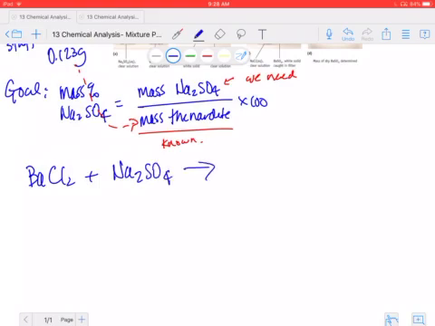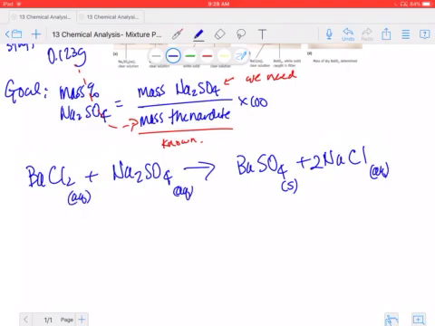This is an exchange reaction, so I know I'm going to produce barium sulfate and sodium chloride. If I balance that, I'll have two of those sodium chlorides. We check our solubility charts: sodium chloride is aqueous, barium sulfate is solid. These two were aqueous over here.